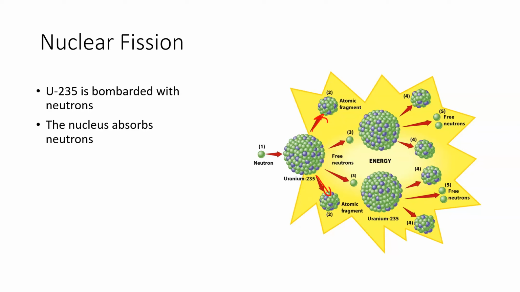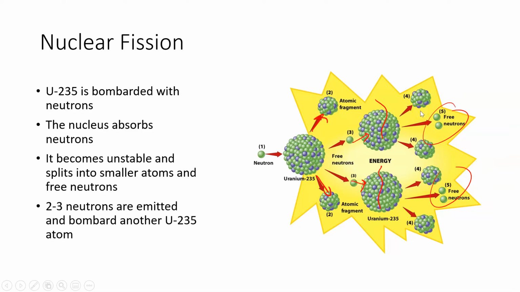When that atom splits, it also releases more neutrons, which can bombard even more atoms, split those, release mass as energy, which can release even more neutrons, which can split even more atoms. So we get this chain reaction.